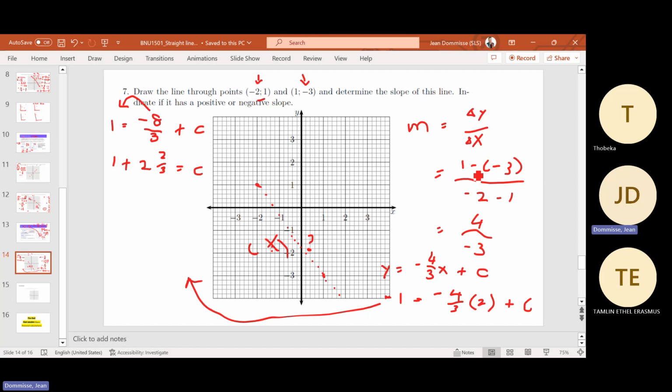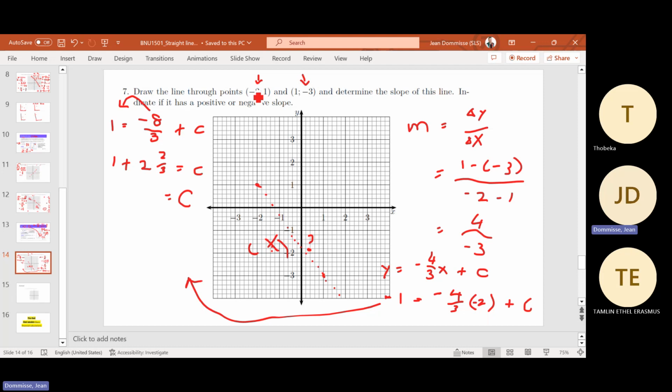One minus 3 is 4. Minus 2 minus 1 is minus 3. Because that C is definitely supposed to be positive. Okay, so I put in 1, should have been negative 2.